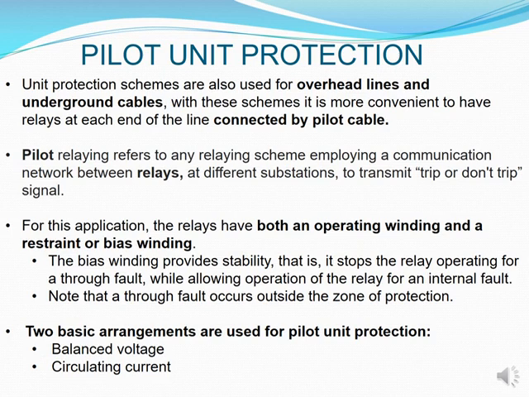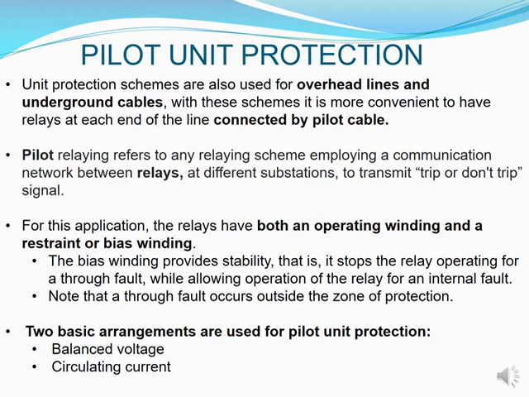so that it stops the relay operating for what we call a through fault. And a through fault is a fault that is outside your zone of protection. If you will recall the faults that I put in on lesson 1 that were outside your zone of protection. So that we call a through fault.